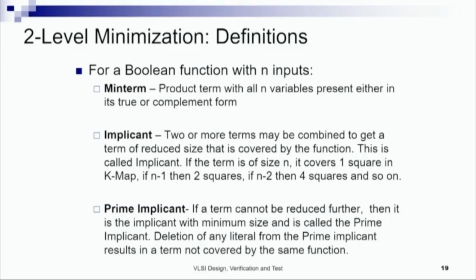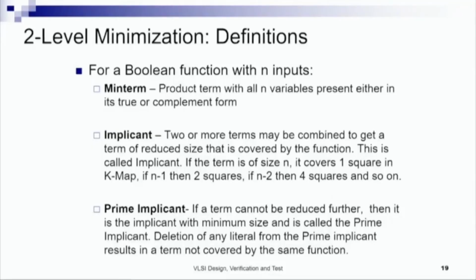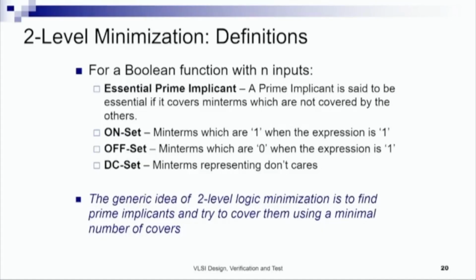If we try to reduce a prime implicant, the function will produce a 1 in some cases where it should not. This is what is meant when we say that deletion of any literal from the prime implicant results in a term not covered by the same function.